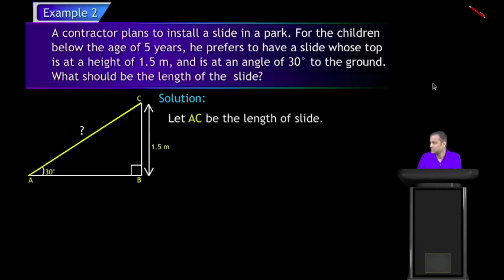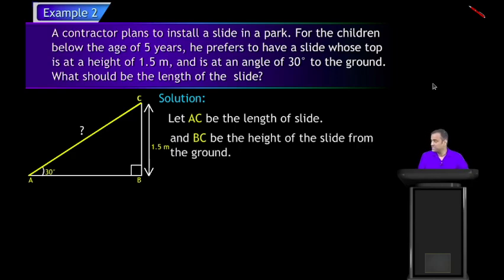Let AC be the length of slide. So AC, this one is length of slide. BC be the height of slide. So BC is the height of slide from the ground. This is the ground and this is the BC. C is the top of slide. And again BC is given to us, it is 1.5 meter.